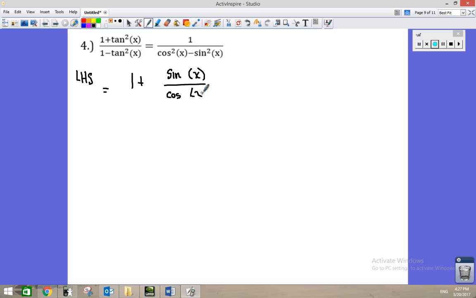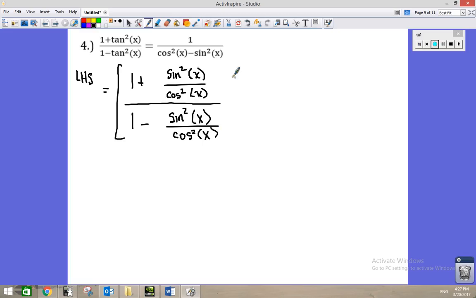And since it's being squared, we want sine squared and cosine squared. In the denominator, let's do the same thing. So now we've got this in terms of sines and cosines. This looks promising.